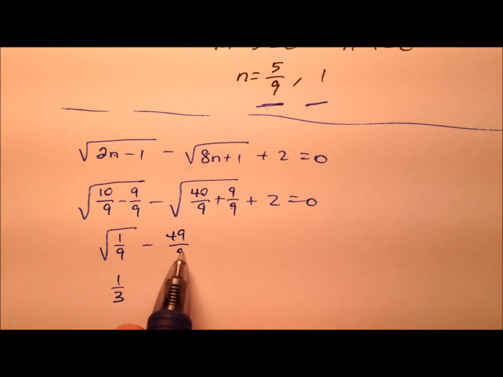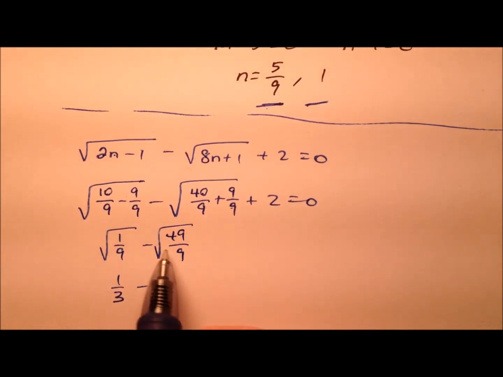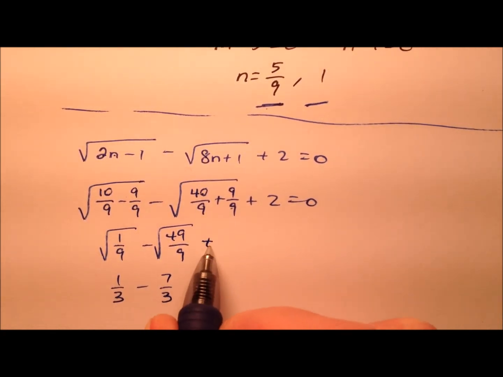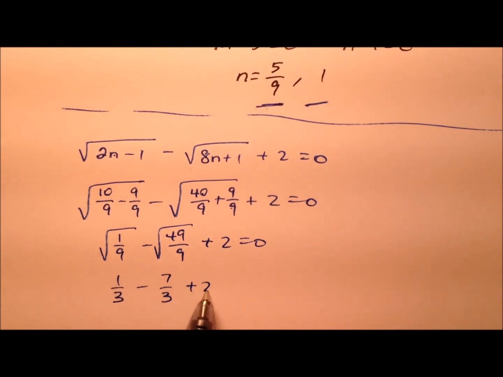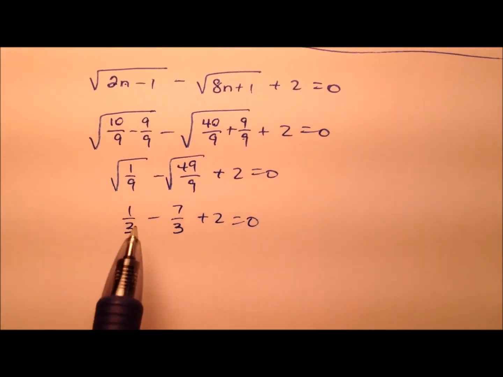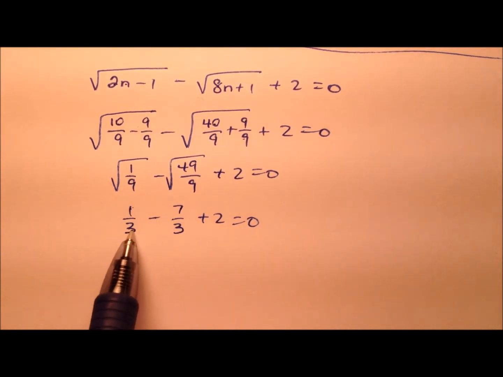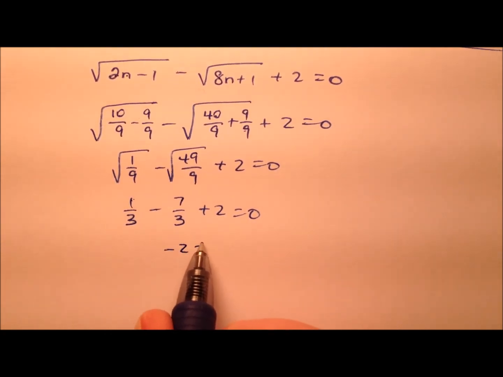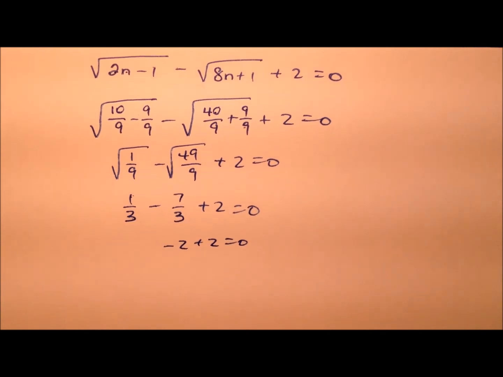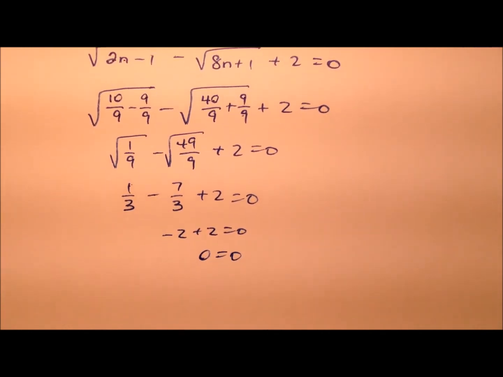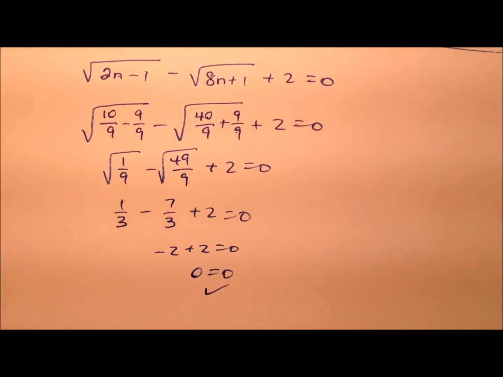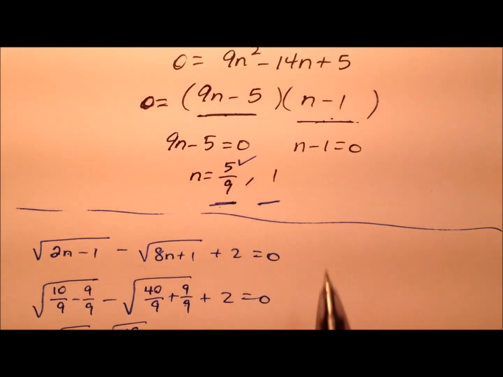That's nice because both of those are perfect squares. That'll be minus 7/3 and then plus 2. Well, 1 minus 7 is -6, so -6 over 3 is in fact -2. So -2 plus 2, yes, that makes 0. So that works. We know this 5/9 right here works, so we're very happy with that.